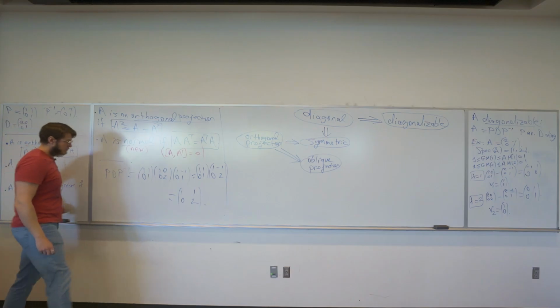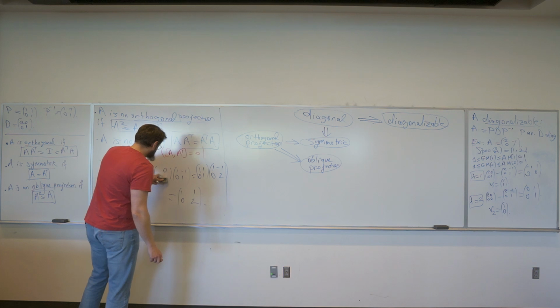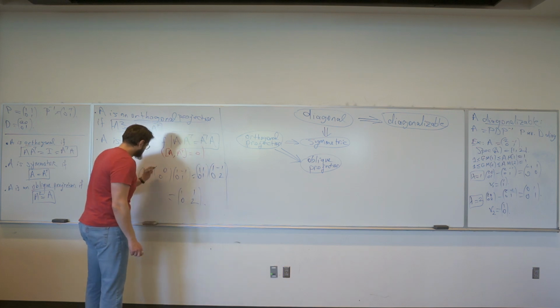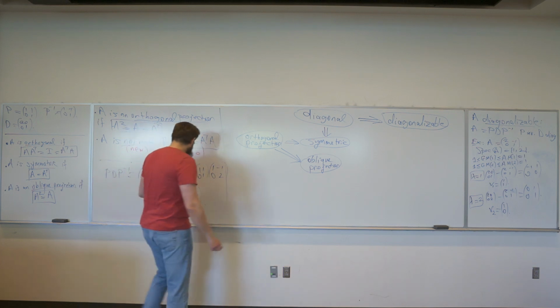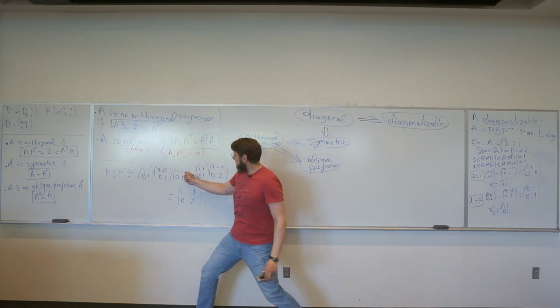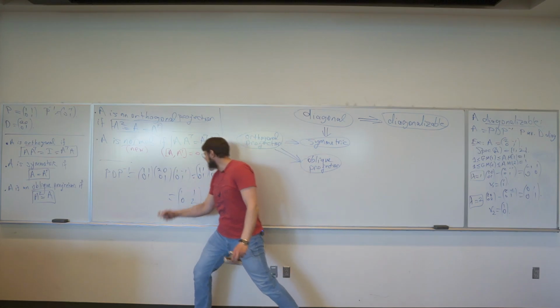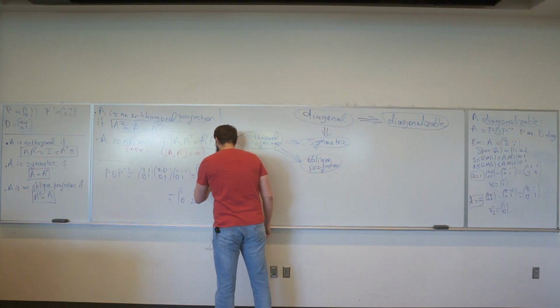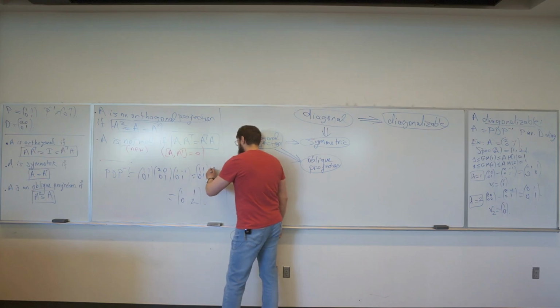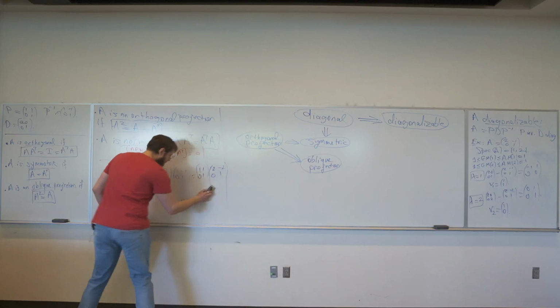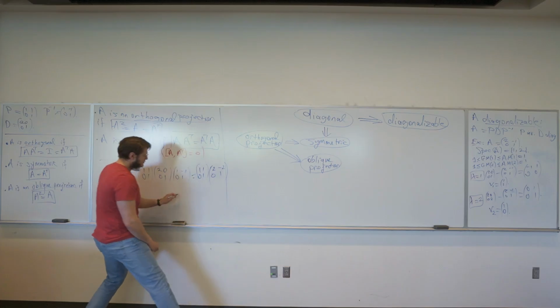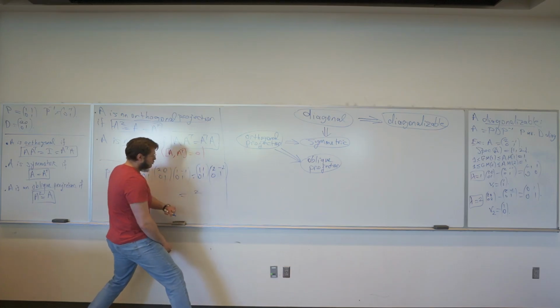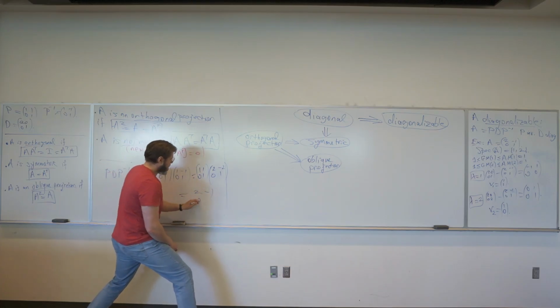It's like this. Now I'm scaling the first row by 2 and then leaving the second row. So that's 2 minus 2, 0, 1. And then when you multiply this, that's going to be 2 minus 1, 0, 1.